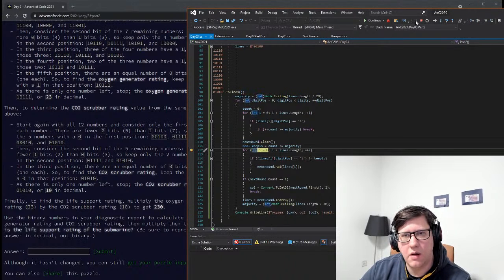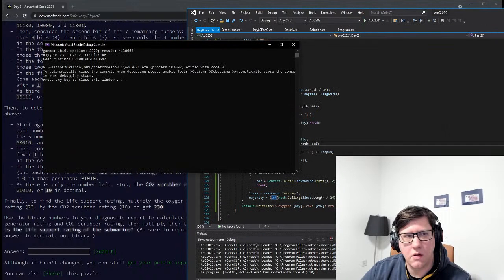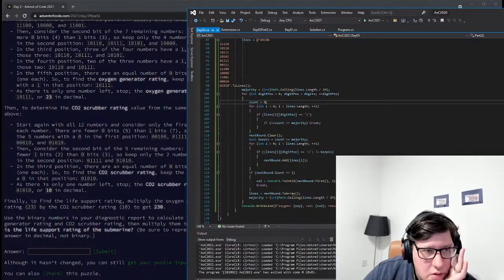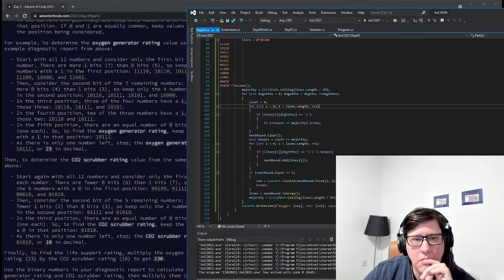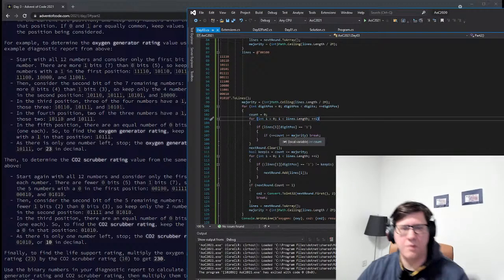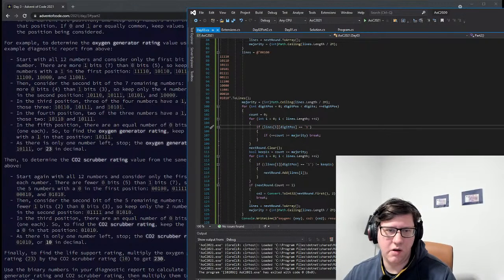Am I thinking correctly that I just need to do the inverse here? Let's check. No. Okay. Let me see. It's actually, once you reach the majority, you need to take the zeros.